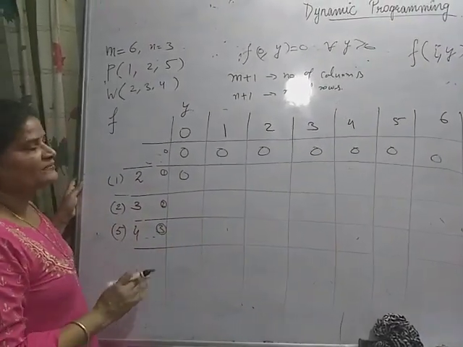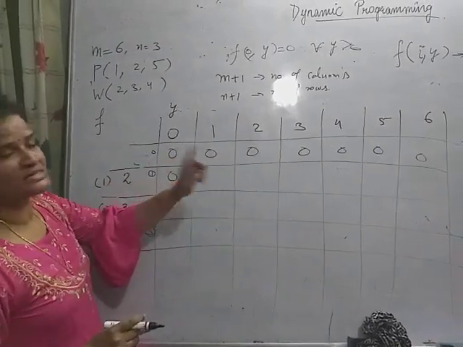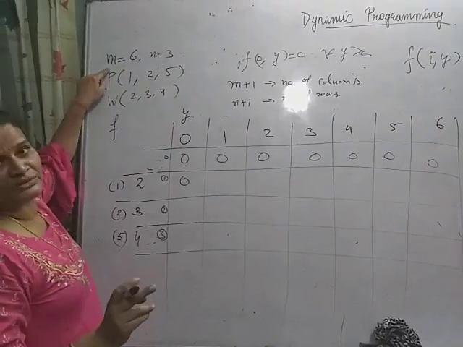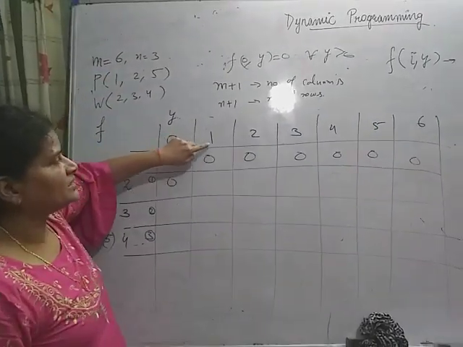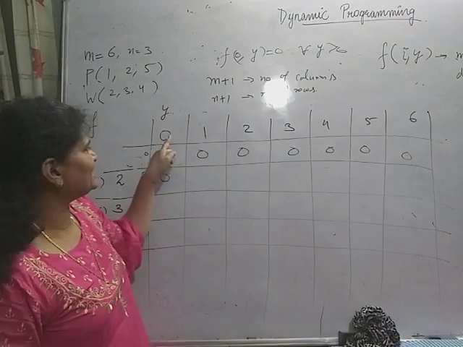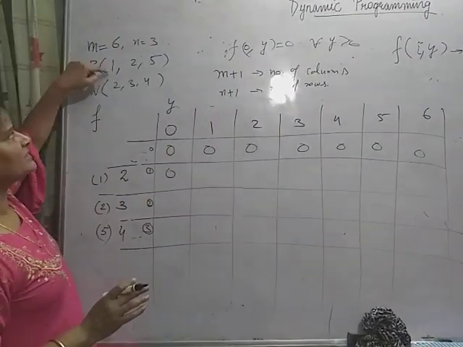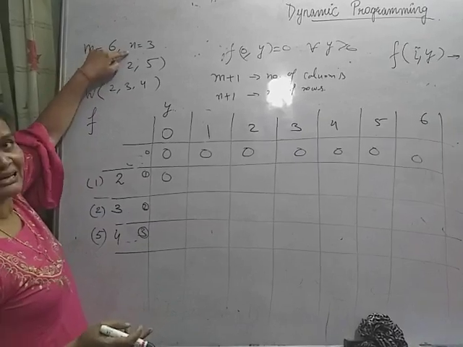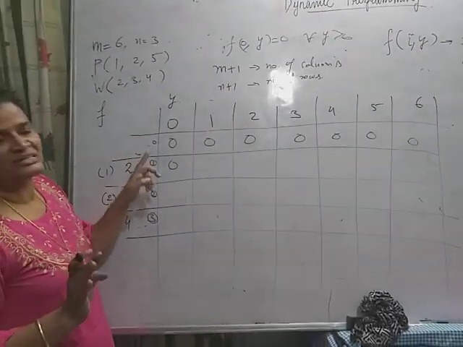First create a table whose columns are m plus 1, where m is the capacity. Here the capacity is 6, so the columns are 1, 2, 3, 4, 5, 6 and one additional column 0. The rows are n plus 1, where n is the number of objects: 1, 2, 3 and one additional row 0.